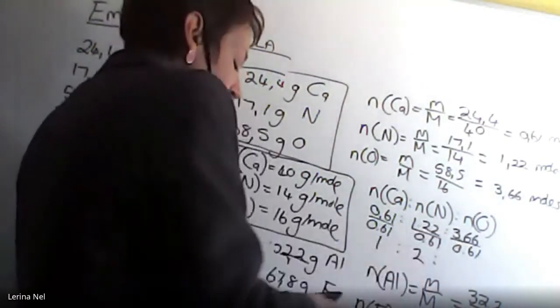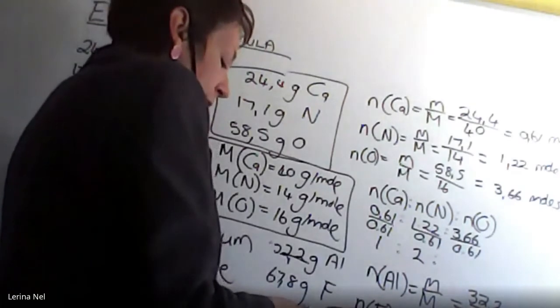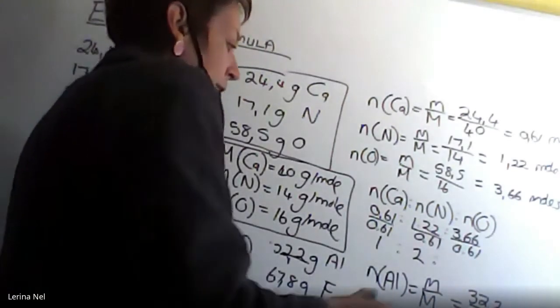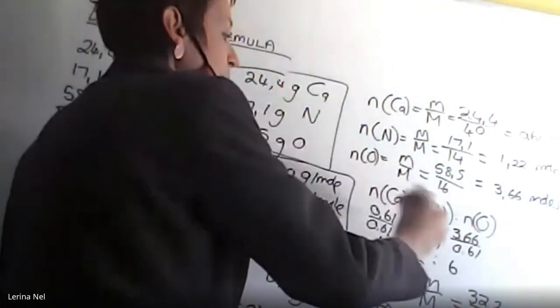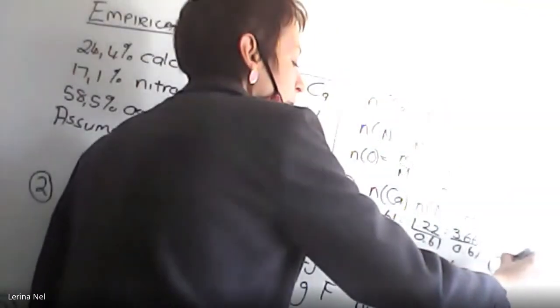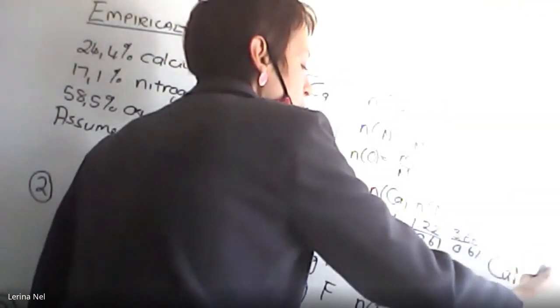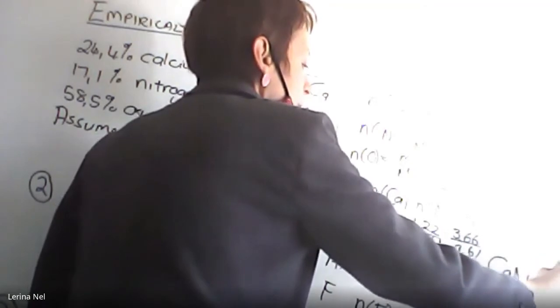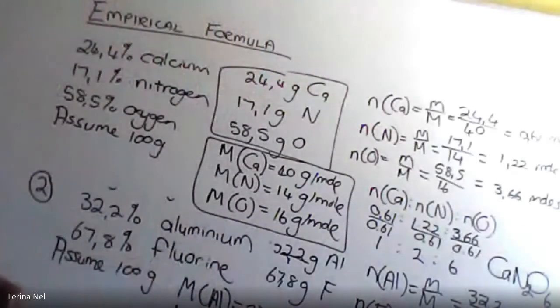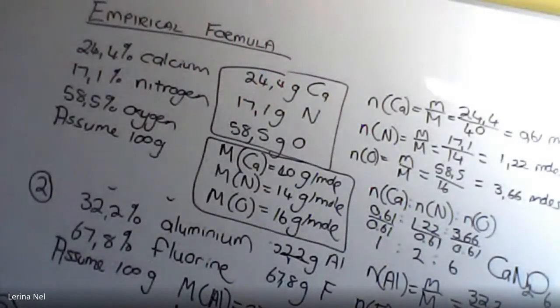And then this last one, 3.66 divided by 0.61 gives me 6. So here my mole ratio is going to be calcium 1, nitrogen 2, oxygen 6. Happy with that?